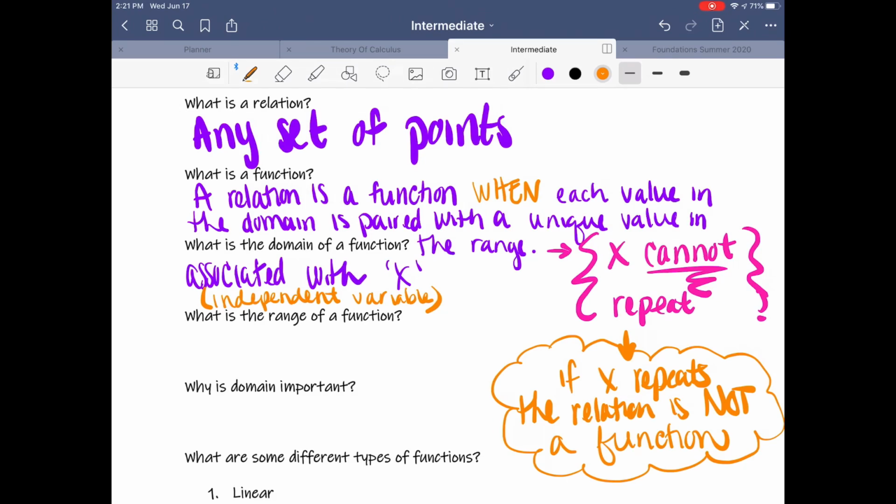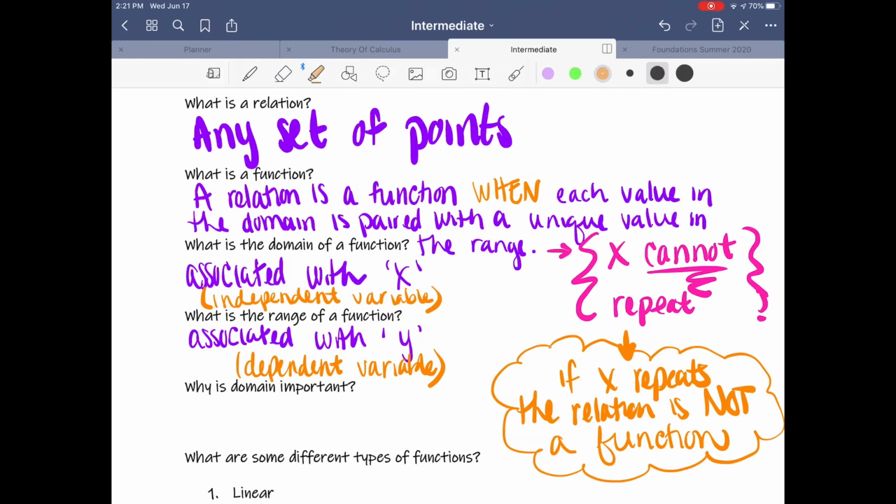Sometimes it's not X. And then range is associated with Y, or the dependent variable, in case it's not Y. And I usually remember that because domain comes first in the alphabet before range, and X comes before Y. So domain is X, it's your first variable, and range is Y.